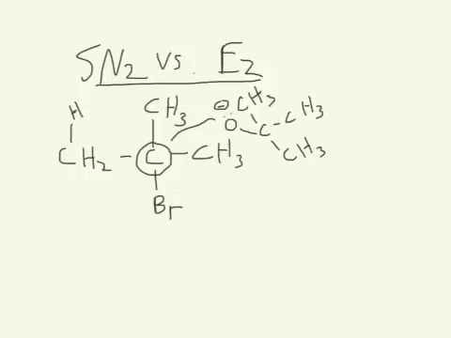That's not going to happen. But it can get close enough to this molecule to grab one of the outer hydrogens over here and cause an E2 reaction to happen. So the bigger the nucleophile, the more likely it is that the E2 reaction mechanism is going to win.